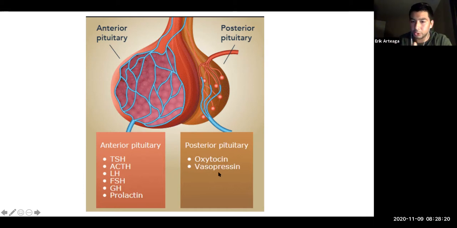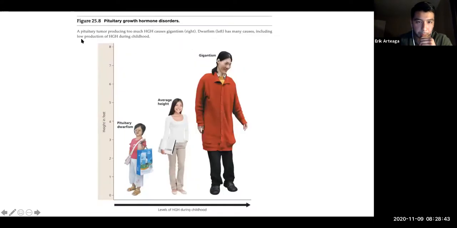It's almost like a storage structure, okay? But again, controlling the antidiuretic hormone, or the expulsion of urine or holding the urine in order to save water, okay? Whereas the anterior has multiple different hormones that are secreted. They're controlling multiple different body systems, okay?